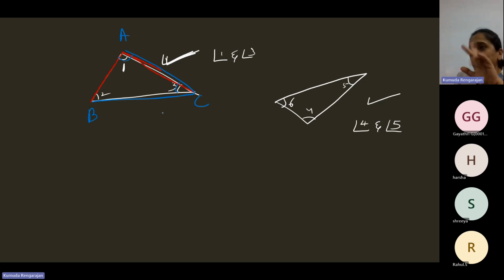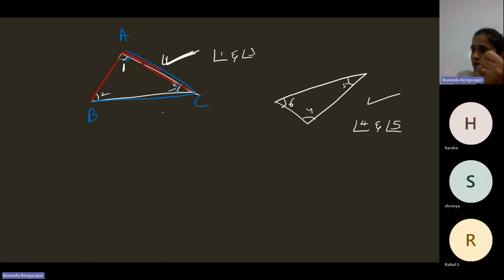When you talk about two angles, each angle has two arms. Angle 1 has two arms. Angle 3 has two arms. That common arm is the included side. The common arm is the included side. So in triangle ABC, when we talk about angle 1 and angle 2, AB is the included side.